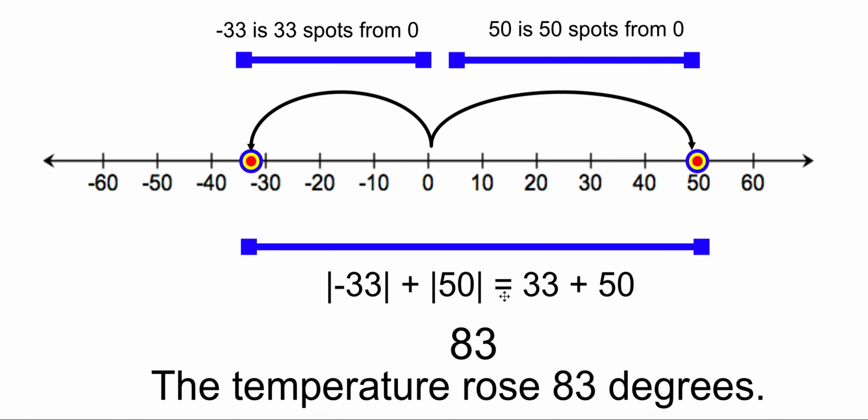The absolute value of negative 33 is equal to 33 because it represents the distance, plus 50 equals 83. In this case, the temperature rose 83 degrees. Write the complete sentence. Answer the question in a complete sentence. Copy the board.